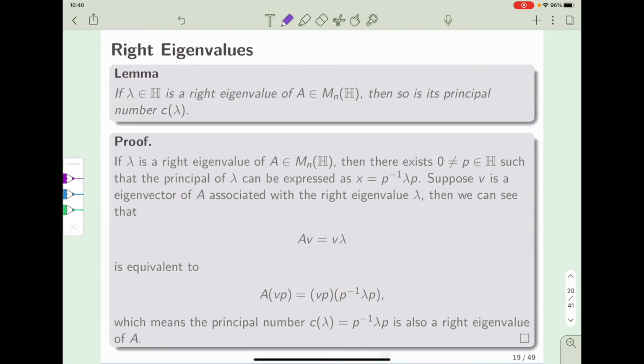Now the following theorem says that if lambda is a right eigenvalue of the quaternion matrix A, then so is its representative or its principal number.